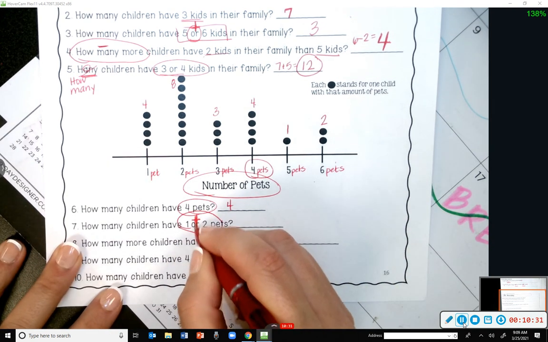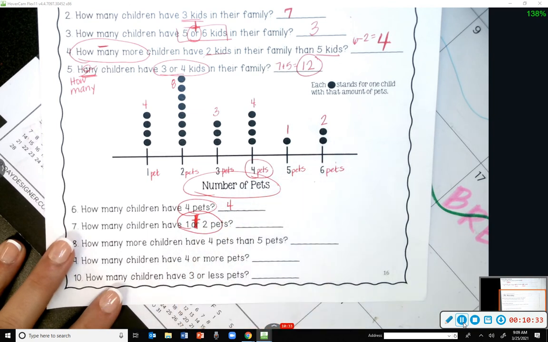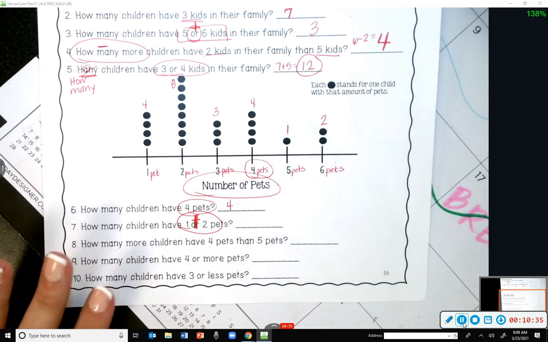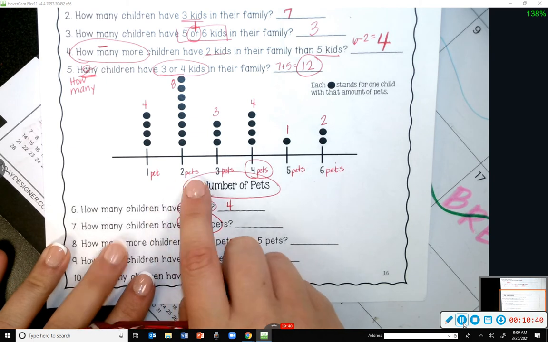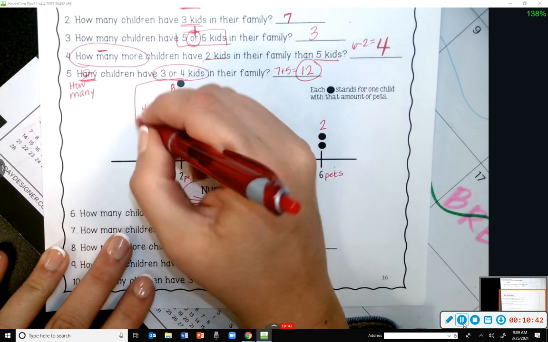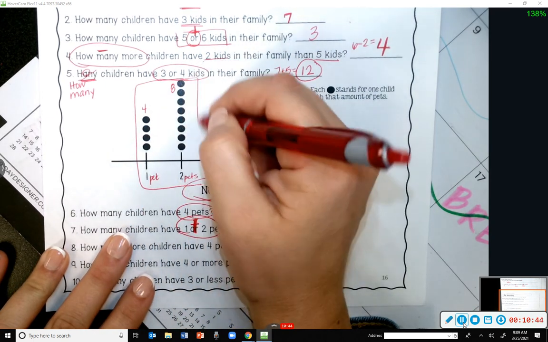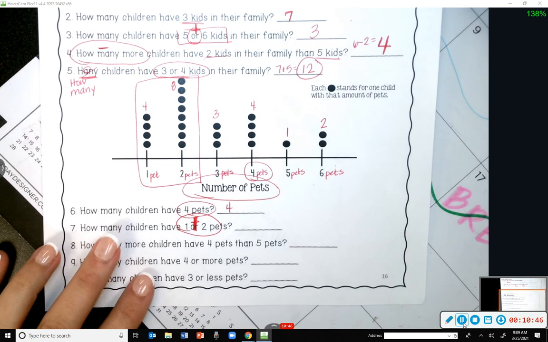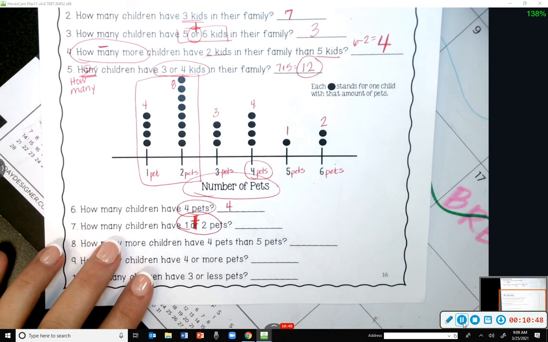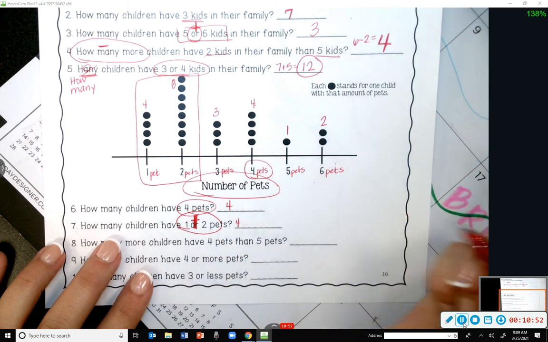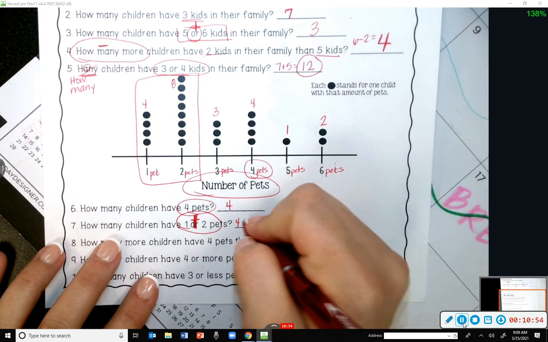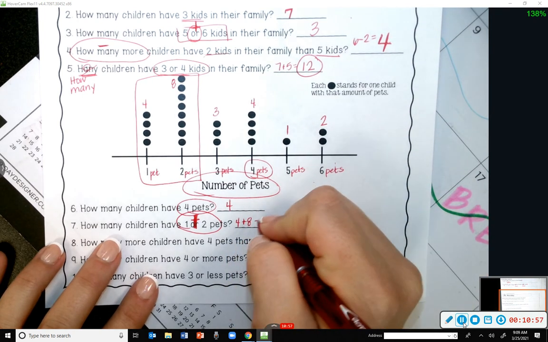We need to add them. Okay? So on my dot plot, I need to group together 1 pet and 2 pets. Okay, so how many children have 1 pet? 4. How many people have 2 pets? 8. So 4 plus 8 is 12.